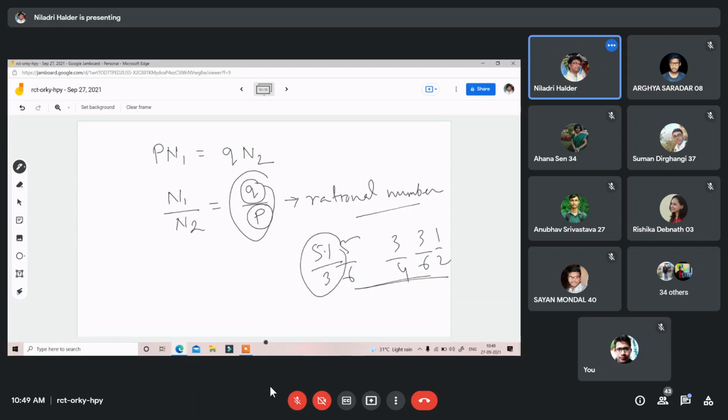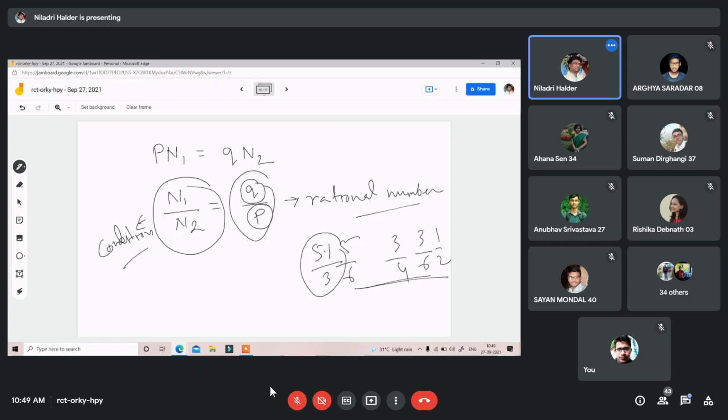It must be an integer. No floating point number will be considered here. So q is an integer, p is an integer, so it's a rational number. So N1 by N2, that ratio must be a rational number. That is your condition to make xn periodic.